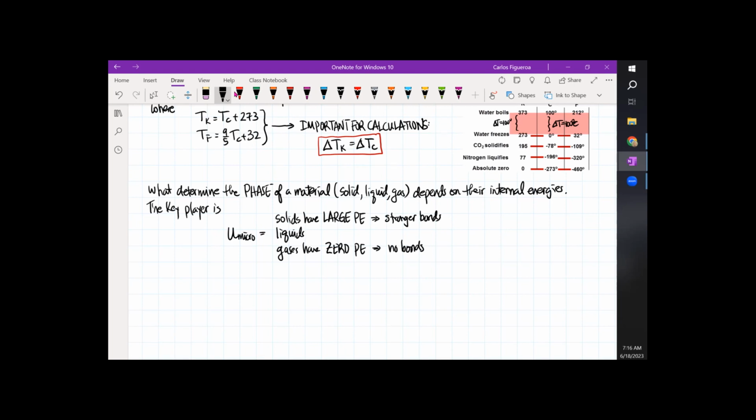When you look at liquids, they are in between potential energies, and depending on the liquid, you'll find that many times bonds connect and disconnect constantly.